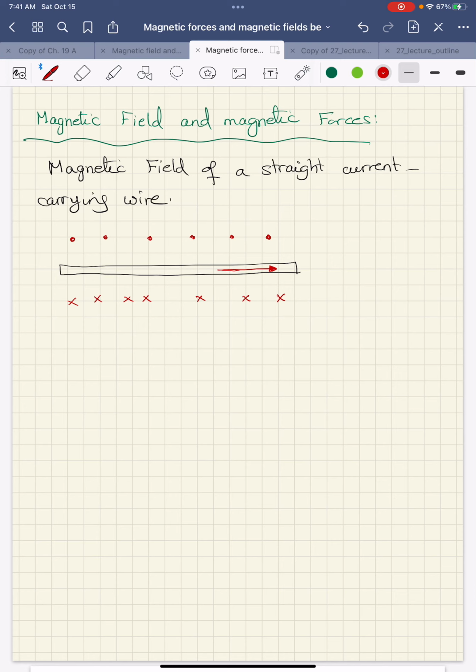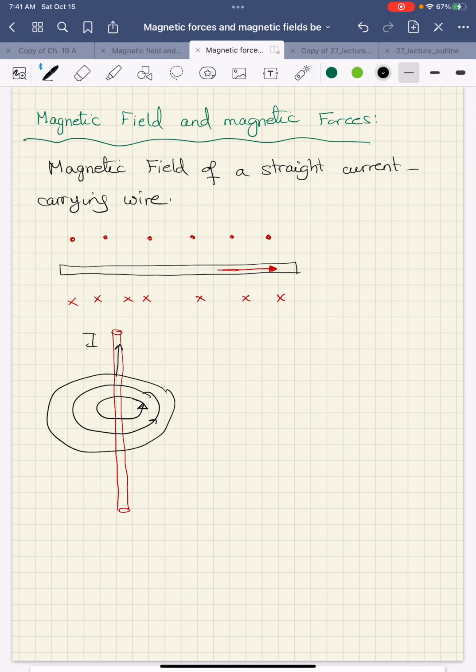If I draw this in 2 dimensions or 3 dimensions, if this is the current, the magnetic field is going to be as concentric circles like this around the wire.